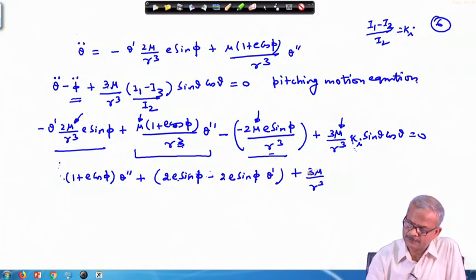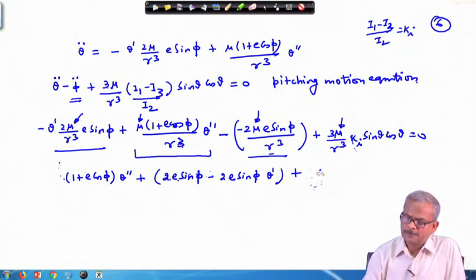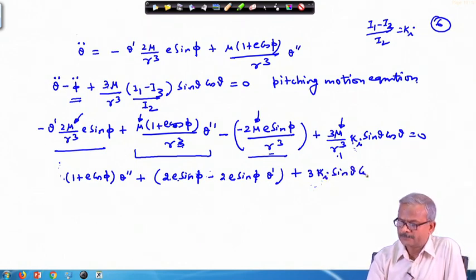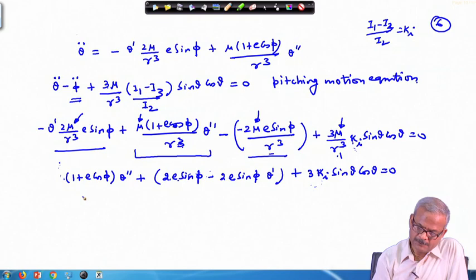Again this quantity goes here, only 3 will remain. So, mu is eliminated, r cube is eliminated. So, we get 3 k I sin theta times cos theta, this equal to 0.